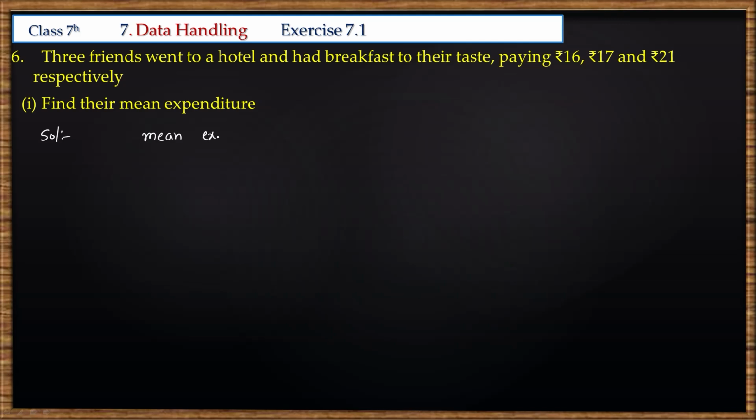Mean expenditure is equal to total expenditure by number of persons.